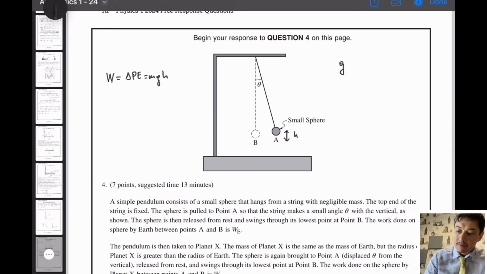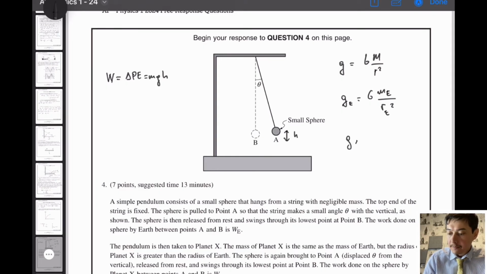The gravitational strength is GM over r squared. So for Earth, it is G mass of Earth over r Earth squared. For the planet X, it's going to be G mass of X divided by r X squared.